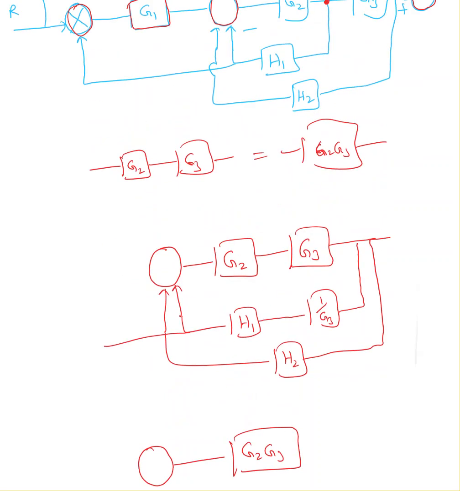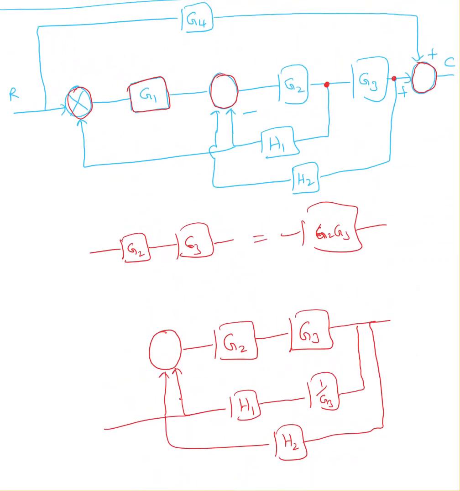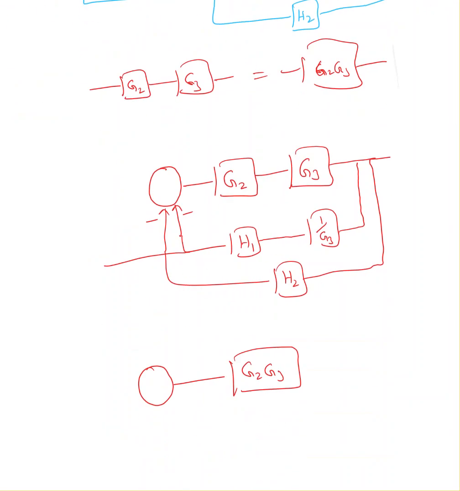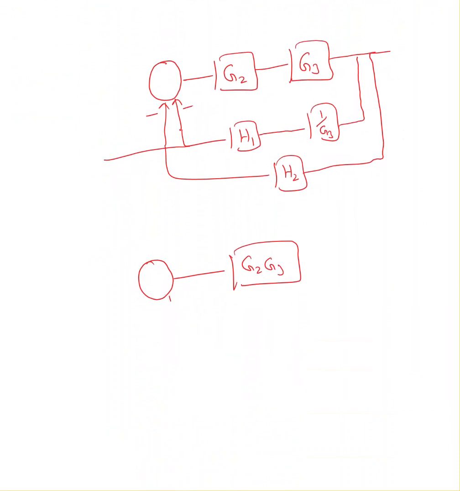By the way, H1 is minus, and I believe H2 is also minus. I forgot to put that, but it's given in the problem. So I'm going to put H2 first. It's not going to make any difference, because the signal anywhere on this line is the same.